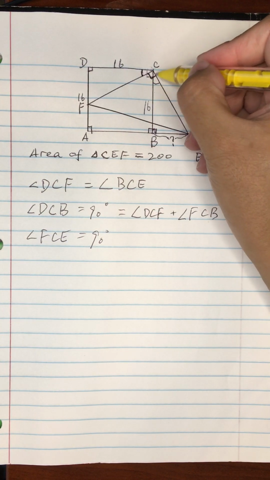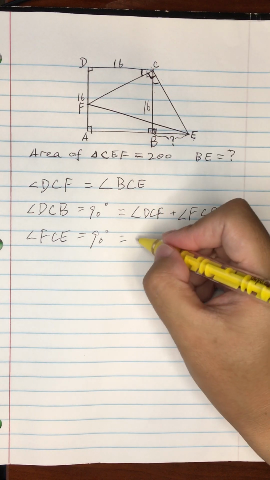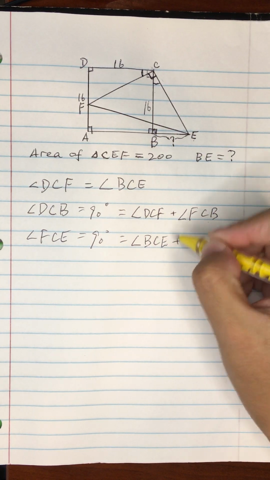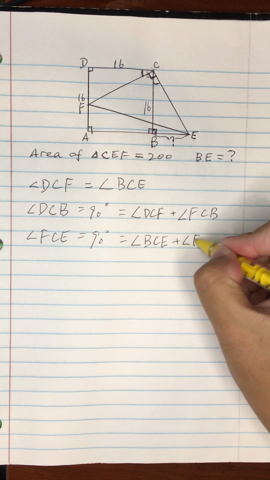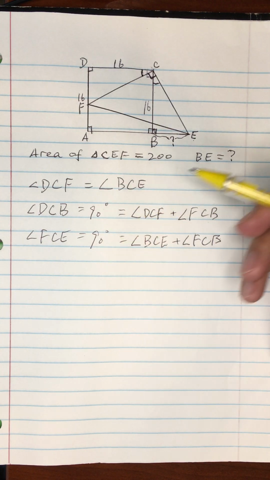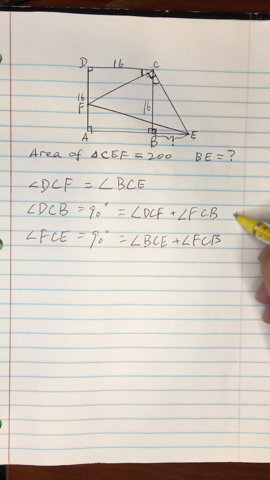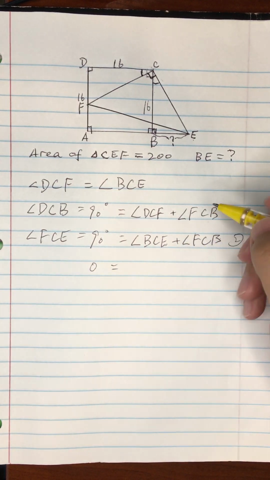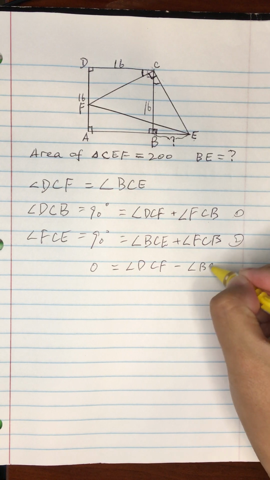And this angle is made up of this angle, which is ECB or BCE, plus the angle FCB. So 90 degrees, 90 degrees. FCB is the common angle. If we use equation 1 and equation 2 and subtract each other, that's 0 equals angle DCF minus angle BCE.